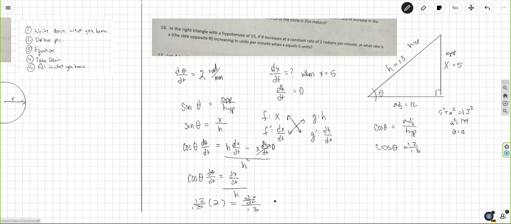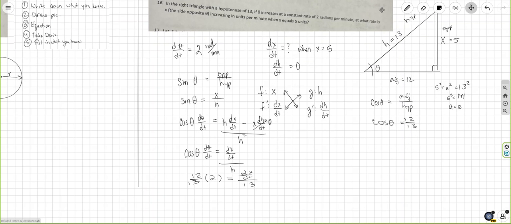Okay, cool beans. Slide this up a little bit, and we just have to do some arithmetic. So we have 24 over 13 equals dx/dt over 13. Obviously, 13 is going to cancel, so dx/dt better be 24. In terms of units, I don't think they gave us any units on the length.